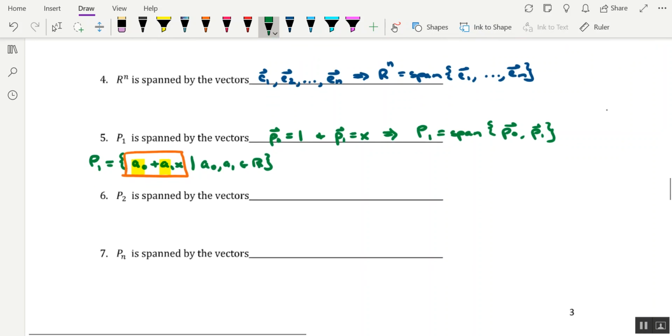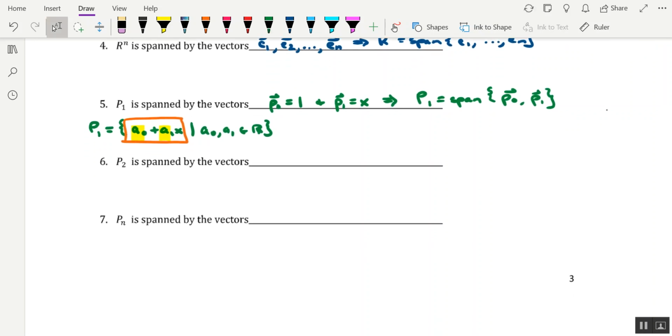You would need three polynomial vectors to generate the polynomial space P sub 2, and those vectors are as follows. P sub 0 equals 1, P sub 1 equals x, and we would need a P sub 2, which is going to be x squared, implying that P sub 2 would be the span, that is the set of all linear combinations, of the polynomials P sub 0 through P sub 2.